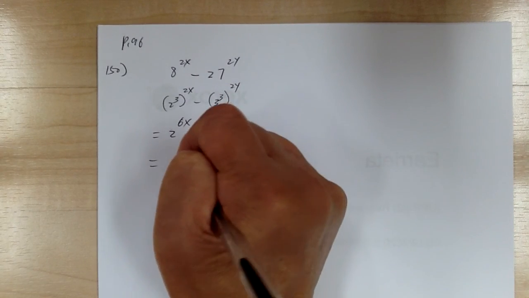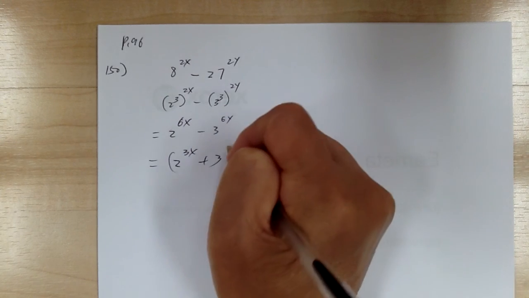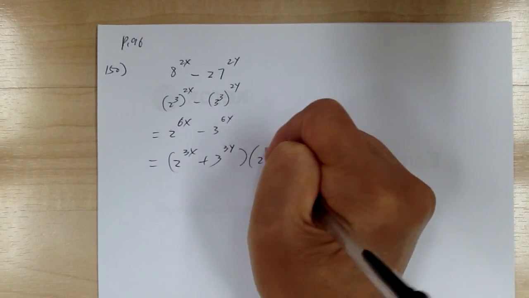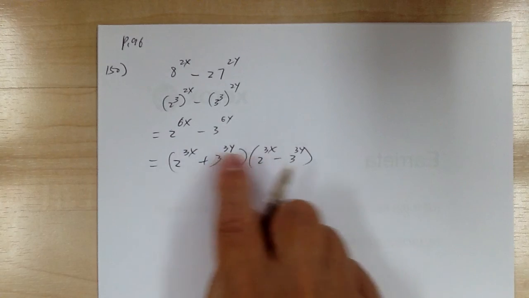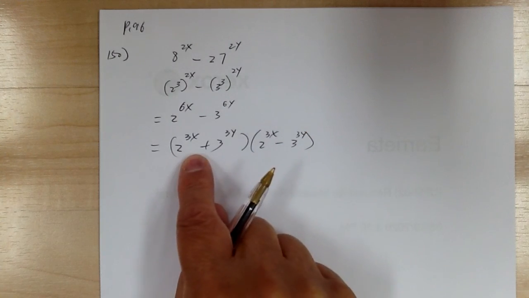So it'd be 2 to the 3x plus 3 to the 3y, and you're going to get 2 to the 3x minus 3 to the 3y. And you can do the double check very quick, right? And then from here you can do the cube.